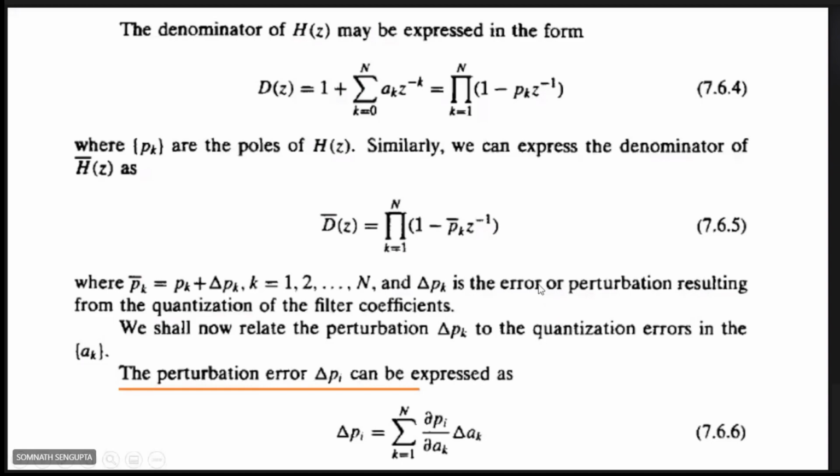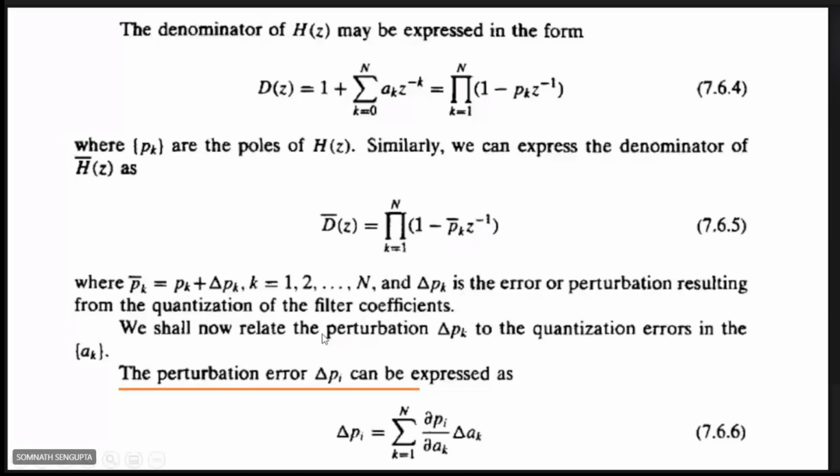It is called perturbation because once we apply some process, and due to that something gets changed, that is called perturbation. So poles get changed due to the quantization, so that's why it is called perturbation error.